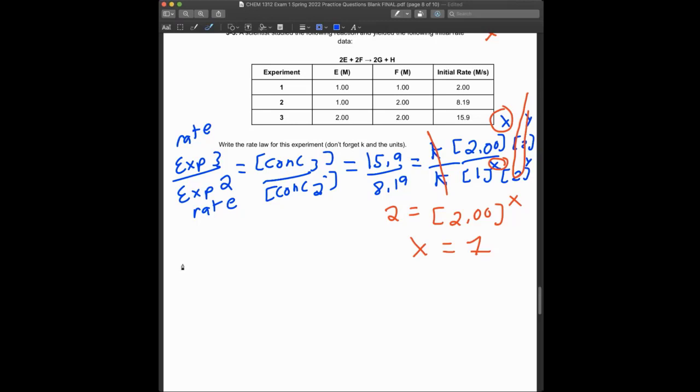Okay, cool. So let's go ahead and find y. We have x. Now we need to find y. So we picked experiments 3 and 2. Let's do something different.